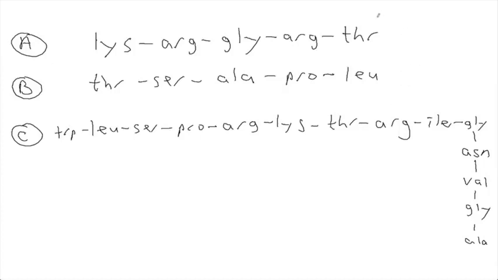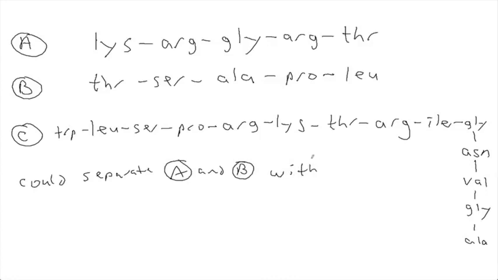How could you separate A and B? A and B could be separated with salting out.